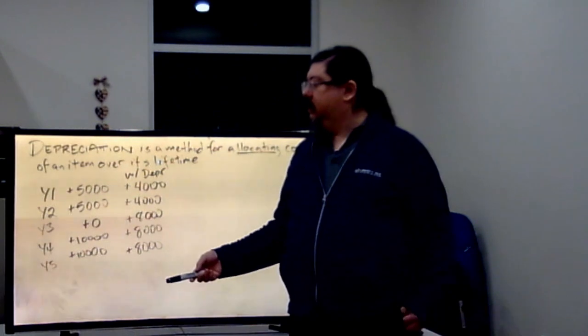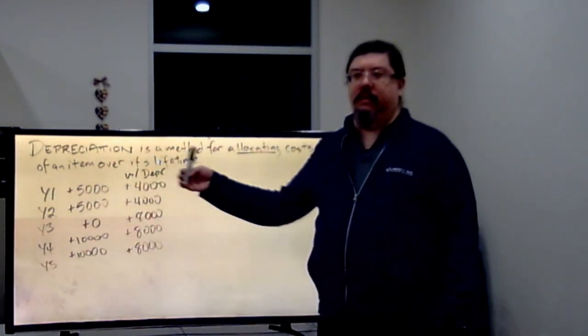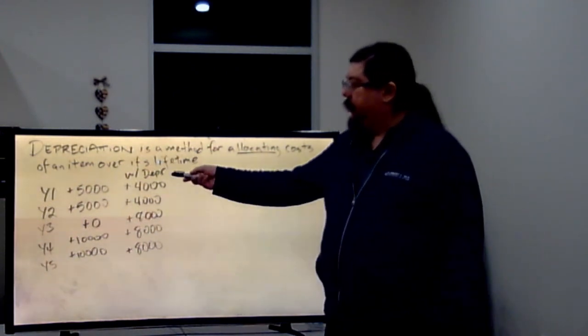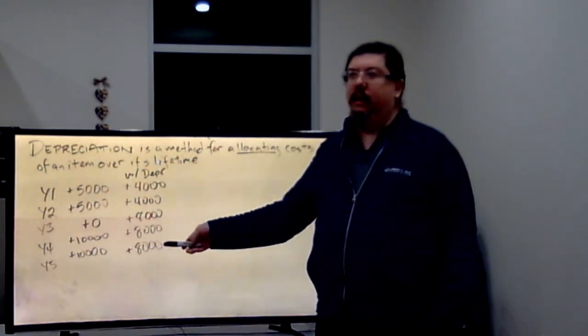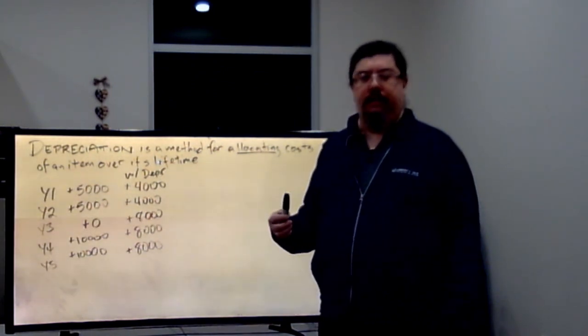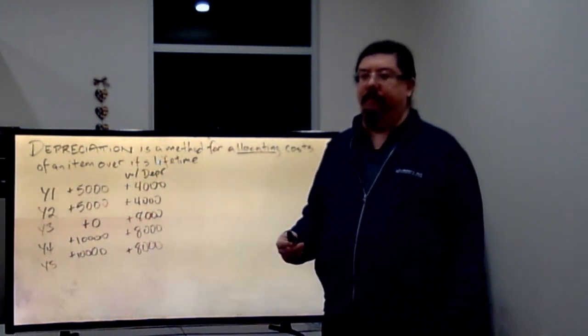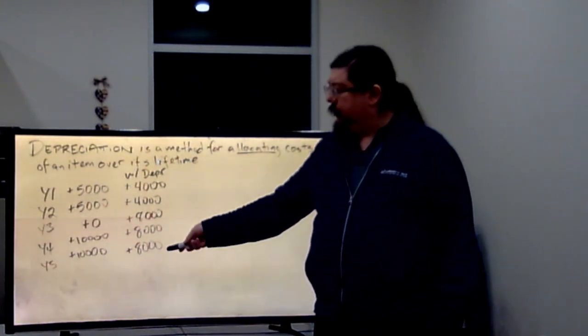I doubled my business. Well, that doesn't reflect in my profit and loss or my income statement. So this depreciation gives you a more accurate measure of what your business is actually producing income-wise from year to year, which is why accountants and the IRS prefer to do it this way.